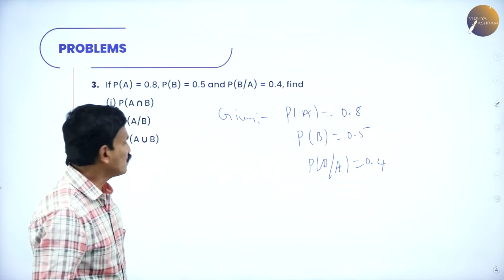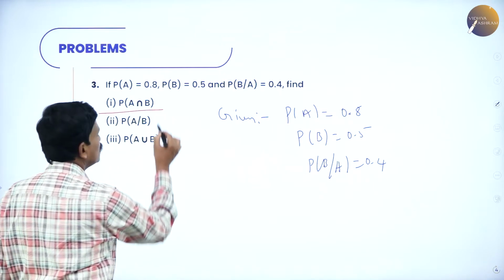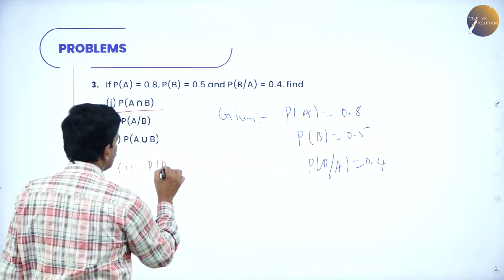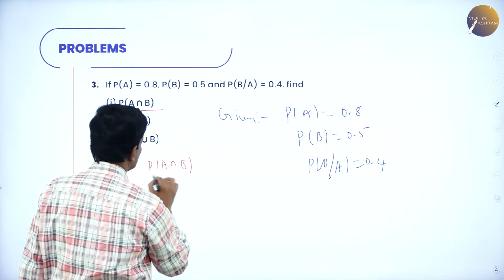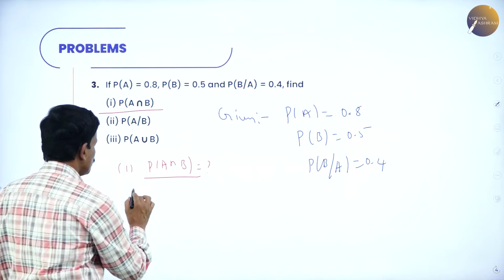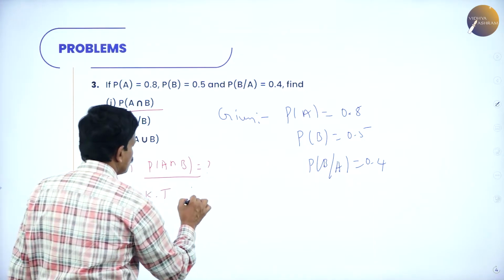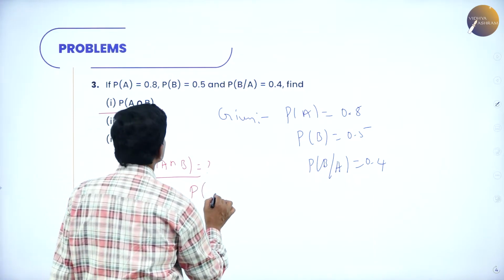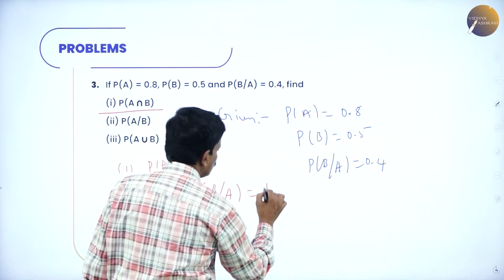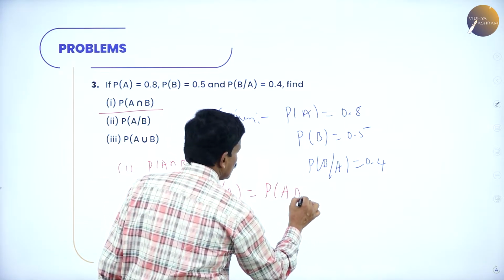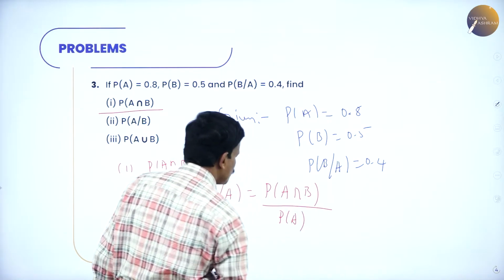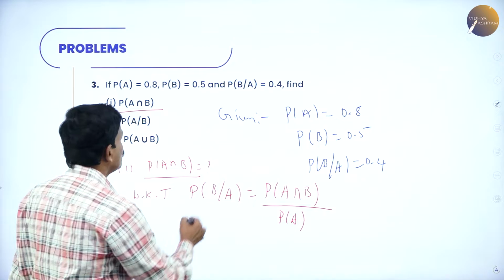Now let us first find the probability of A intersection B. This is the question mark. Now we know that the probability of B by A is equal to the probability of A intersection B divided by the probability of A. Now what is the probability of B by A?